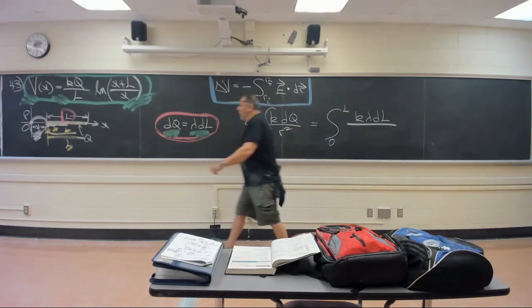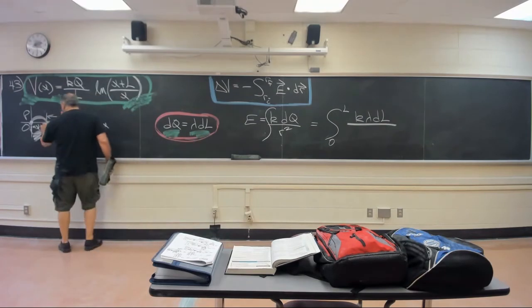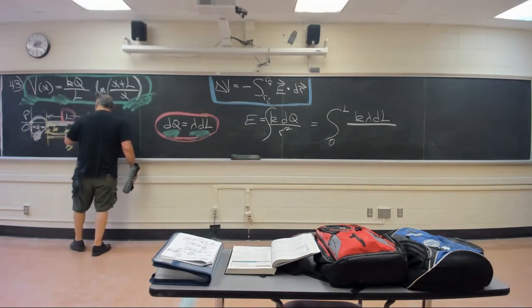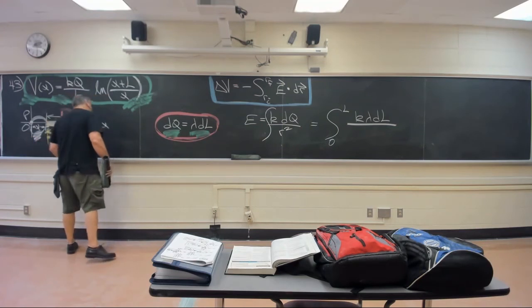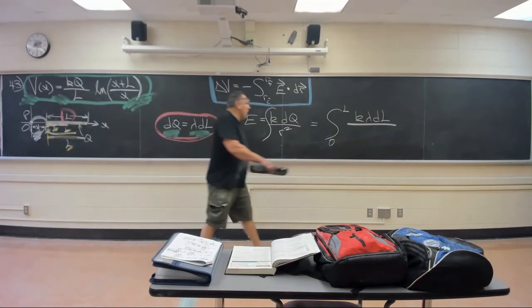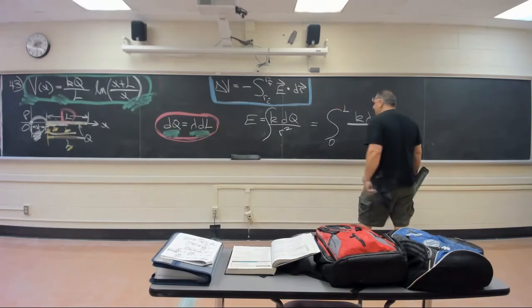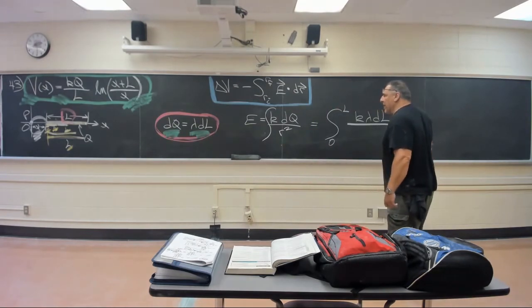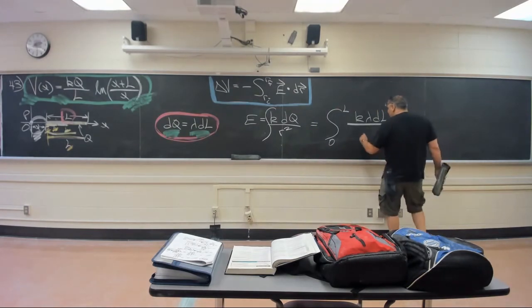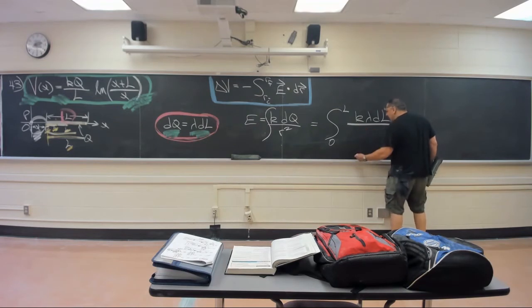What's the length at L equals 0? It's x. What's the length at L equals L? It's L plus x. So be careful. You're going from 0 to L, and what you're doing is going from x to x plus L, so you've got to write it like this.